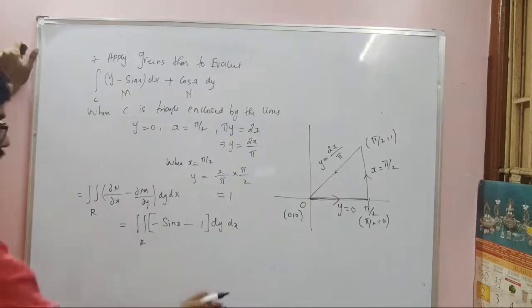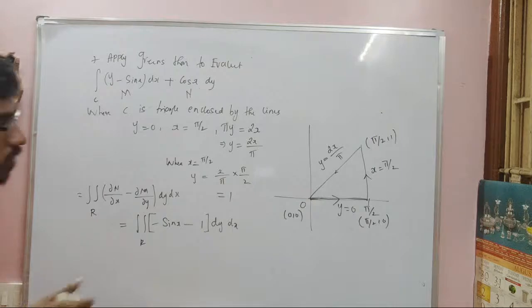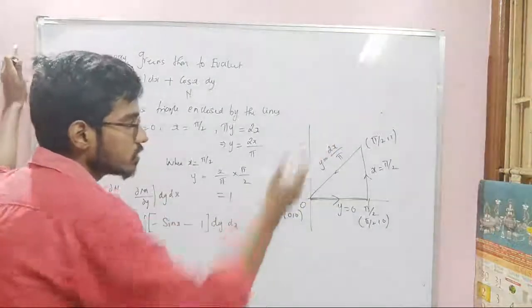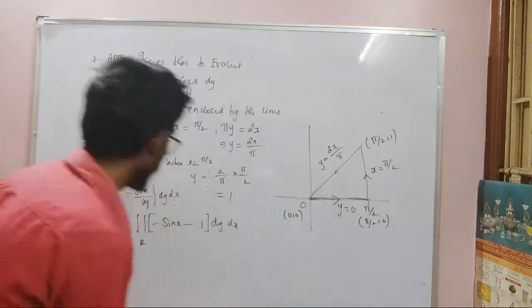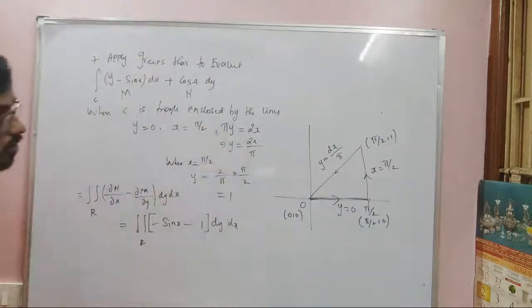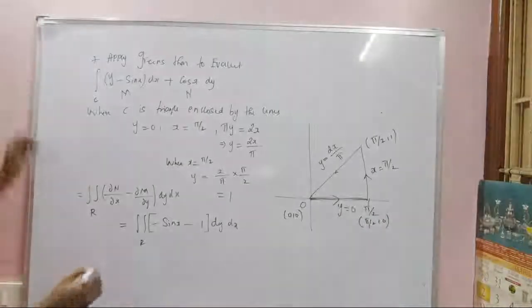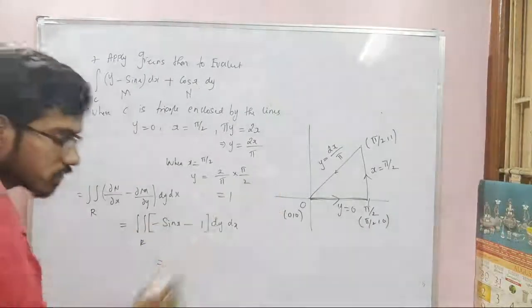Okay, now we need to find the y limit and the x limit. Now you can see y varies from 0 to 2x by pi, because it is a function, right? And x varies from 0 to pi by 2.